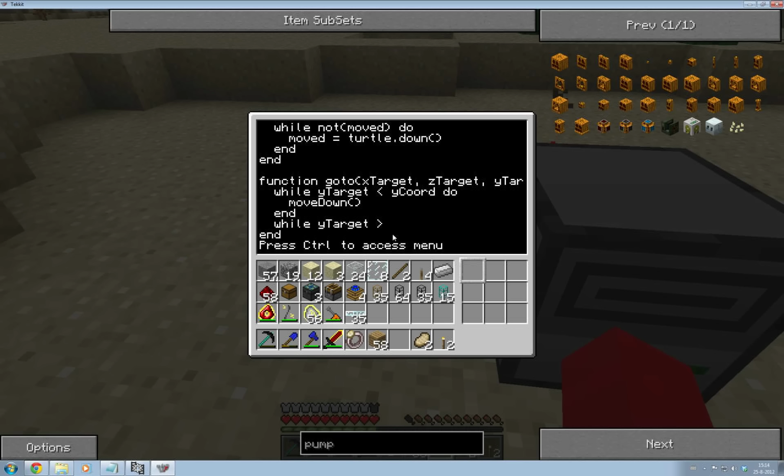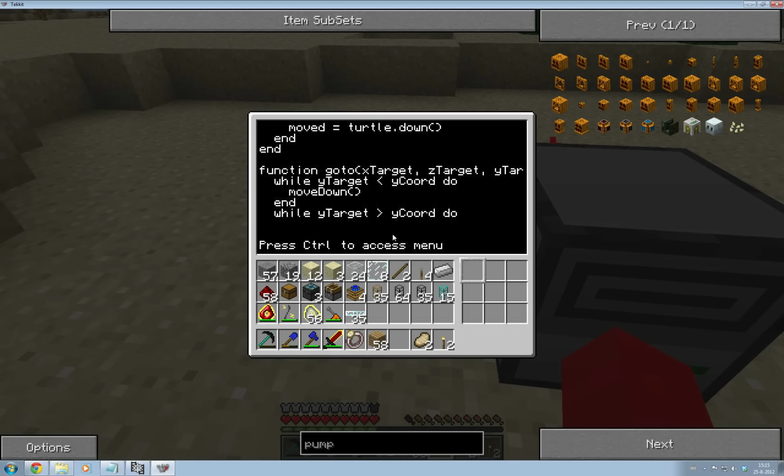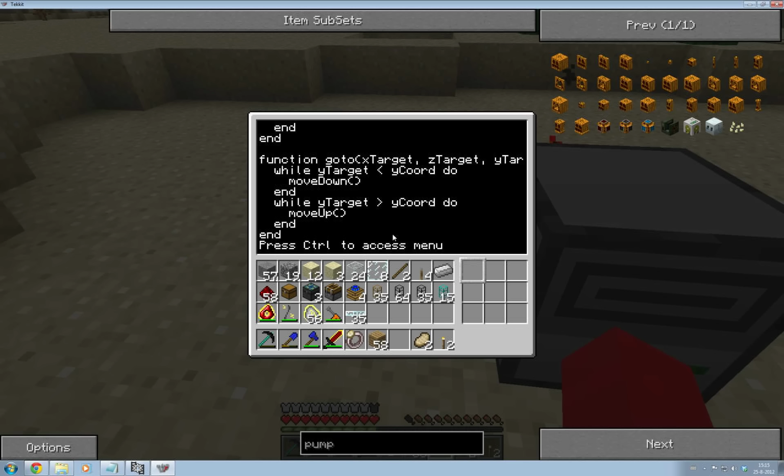So let's say your y target is larger than your y coordinate, that means you have to go down. No, that means you have to go up. Making the same mistake I did just now. Right, move up. Because the target is above your current coordinates, you have to go up. There we go. So, we've got that sorted out.